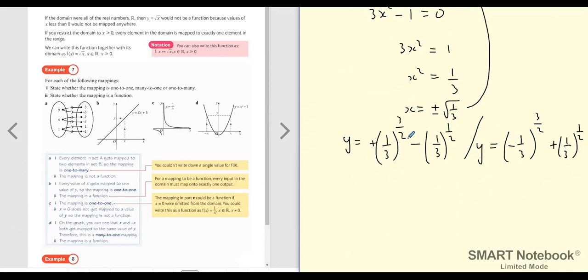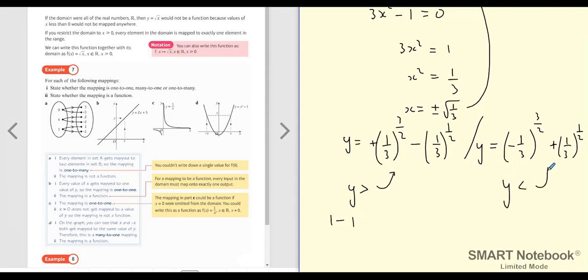And so anything above your max was this point here. We can work out the exact value. So we're saying y greater than this value is going to be a one-to-one function.